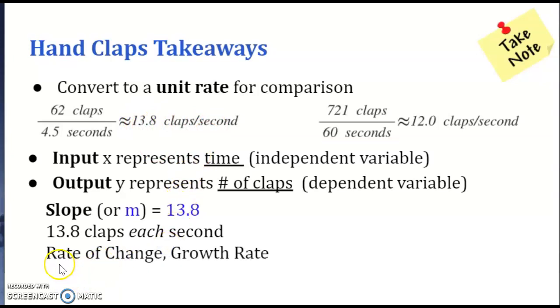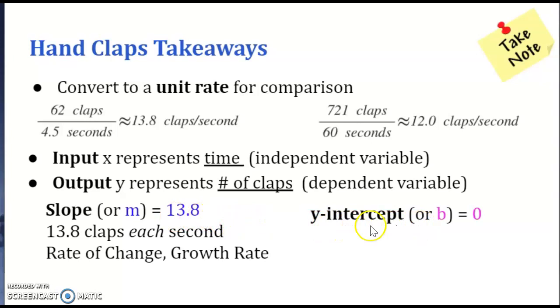We sometimes also call the slope rate of change or growth rate for that reason, because it is the unit rate we're talking about. So that means when X changes by 1, how much does the Y change? And that's the slope. So the Y value, the output, changes by 13.8 every time X changes by 1. That's what a slope is.